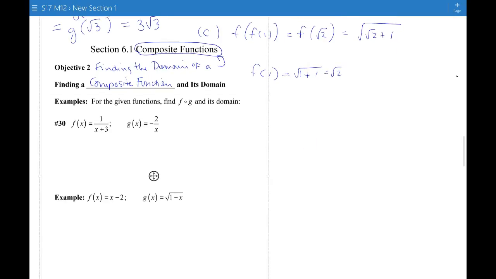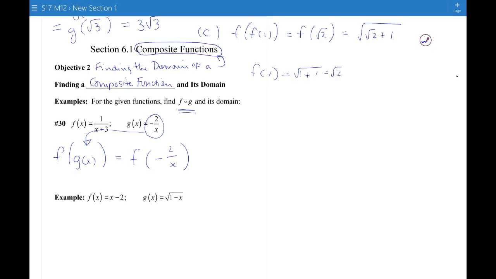So if I want to find the function f of g, I want f of g of x. Well, see how the g of x is inside the parentheses. So that says take this thing that is g of x and put it in the f function where you see the x. So 1 over, something's going to go in this box, plus 3. Well, the thing that goes in the box is negative 2 over x.